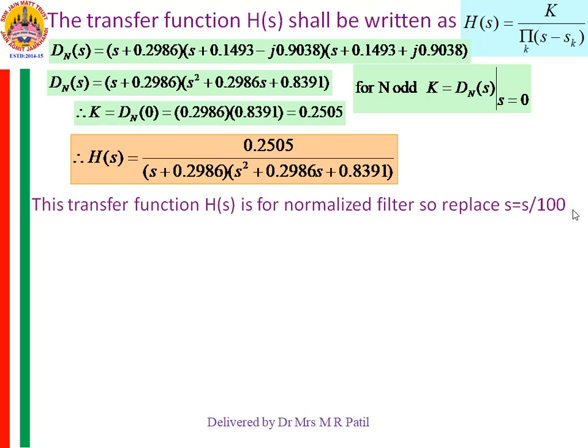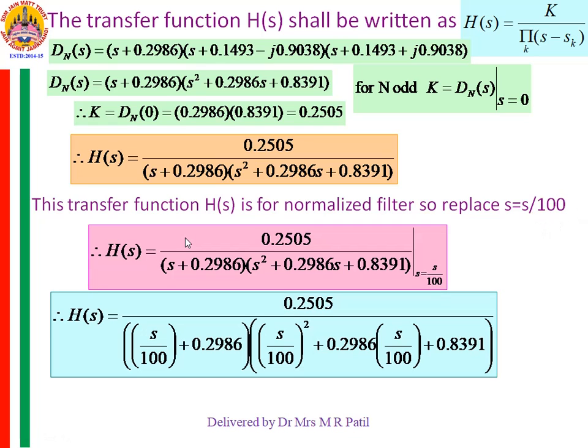So we shall replace this S with S by 100. So in this H of S, I'll replace S with S by 100. After replacing S by 100, I'll get this denominator polynomial like this: S by 100 plus 0.2986, times S by 100 square plus 0.2986 into S by 100 plus 0.8391. Now numerator and denominator, we will multiply with 100 raised to 3, so that to the first bracket I will multiply by 100 and the second bracket I will multiply by 100 square.